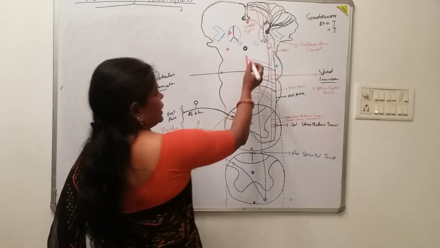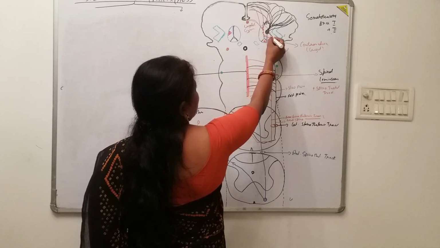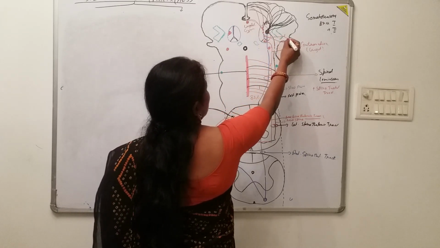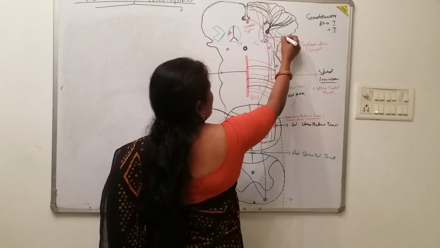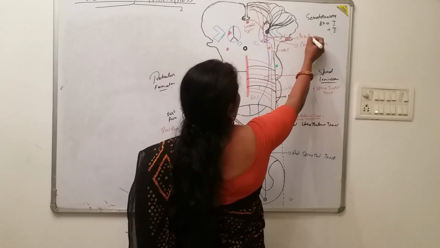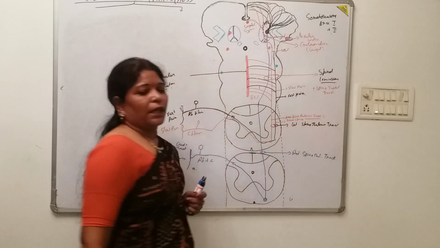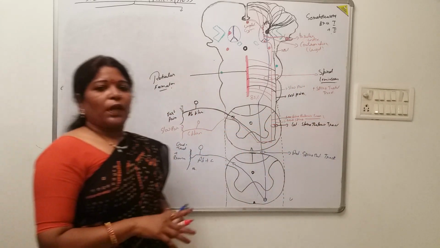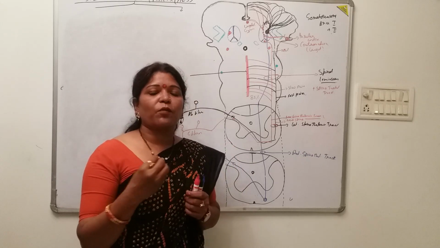Some fibers of the slow pain fibers also terminate here in the insular cortex. What is the insula? It is the submerged, hidden part of the cerebral cortex in the stem of the lateral sulcus.